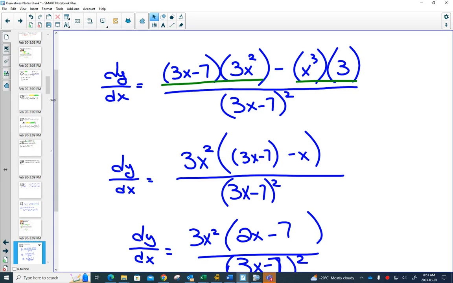Multiplying it out is not wrong. We could have distributed this, combined our like terms, then found out there was a 3x squared in common. And in this case, it might be very similar in the amount of work. But having this other skill is going to be helpful.